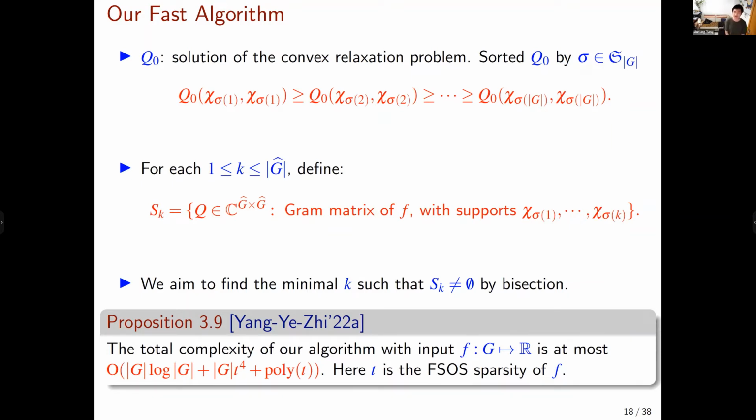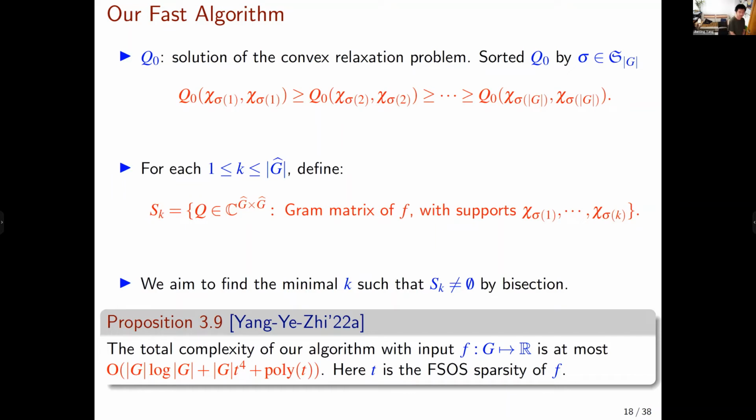So let's sort the diagonal elements of Q0 in decreasing order. And for each integer k from 1 to the cardinality of G or G hat, we define Sk to be the set of Gram matrices of f with support being the k largest diagonal elements of the solution Q0.